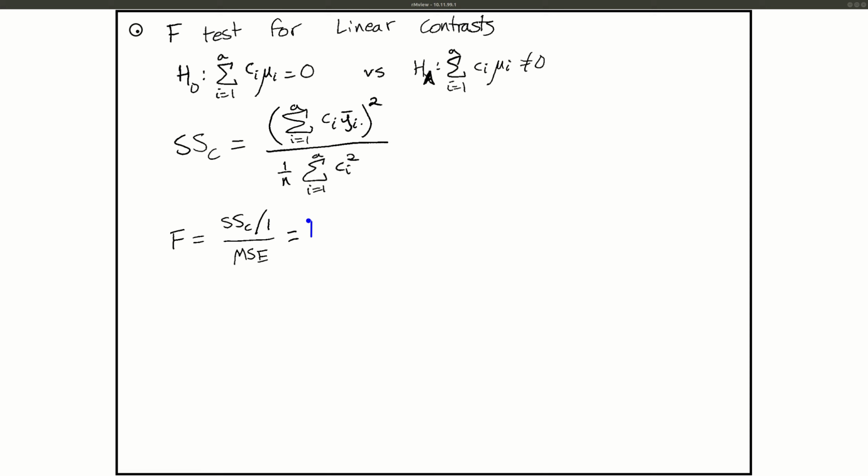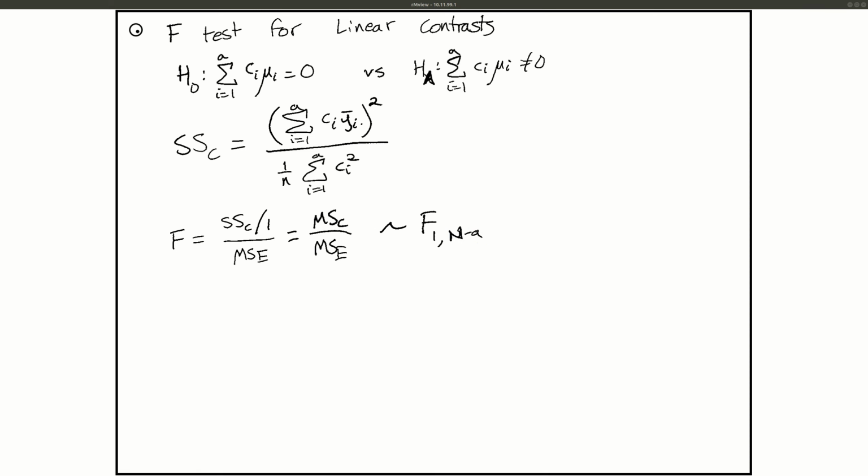So this is the same as saying the mean square of this contrast divided by the mean squared error is our F statistic. If the null hypothesis is true, this follows an F distribution with 1 degree of freedom in the numerator and N minus a, our total sample size minus the number of levels, degrees of freedom in the denominator.